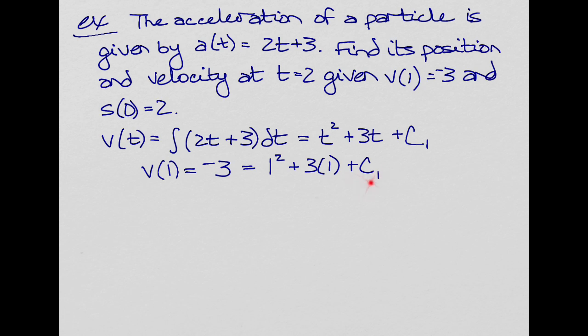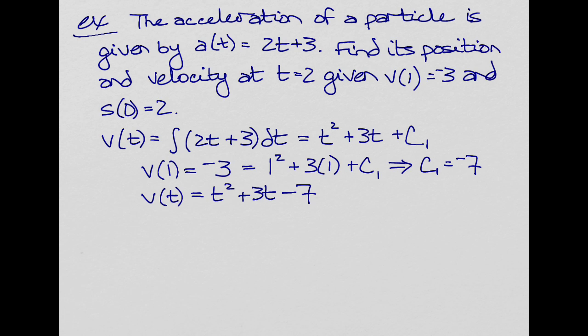If I want to solve for C1, I'm going to subtract 4 both sides and get C1 is -7, which means now I know my velocity function is the particular antiderivative, t squared plus 3t minus 7. That's what's going to satisfy that initial condition. I also want the acceleration. I know, I already had the acceleration. I'm going the other direction.